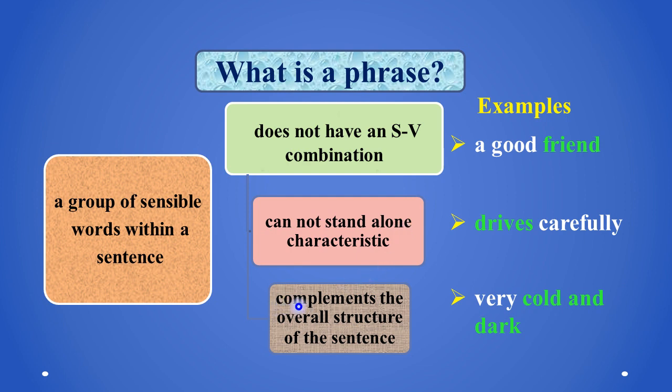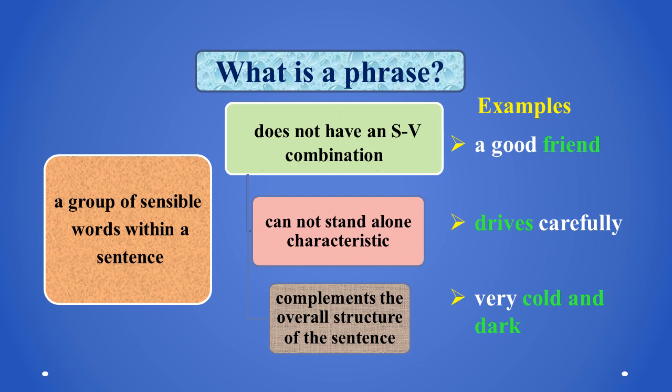Now, the last feature of a phrase, it complements the overall structure of the sentence. Definitely, when phrase is a subject, it helps to complete the sentence. Look at the examples.